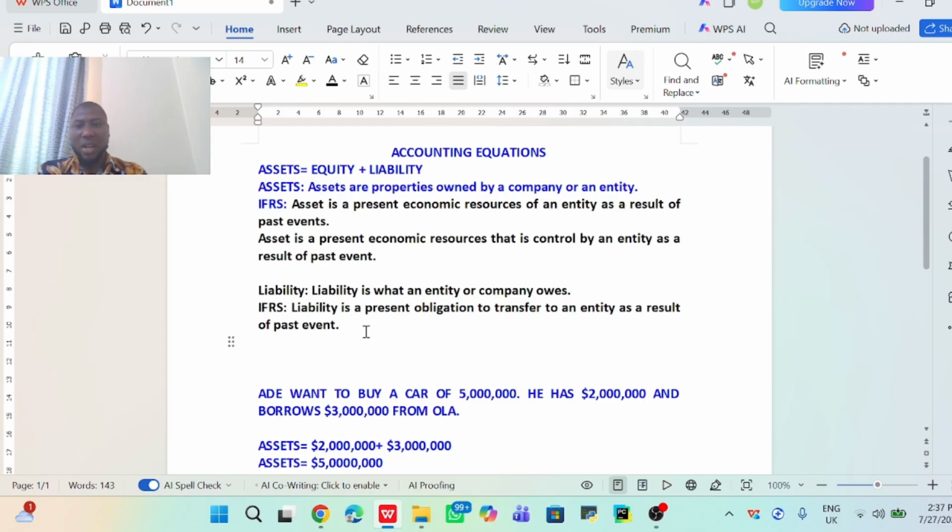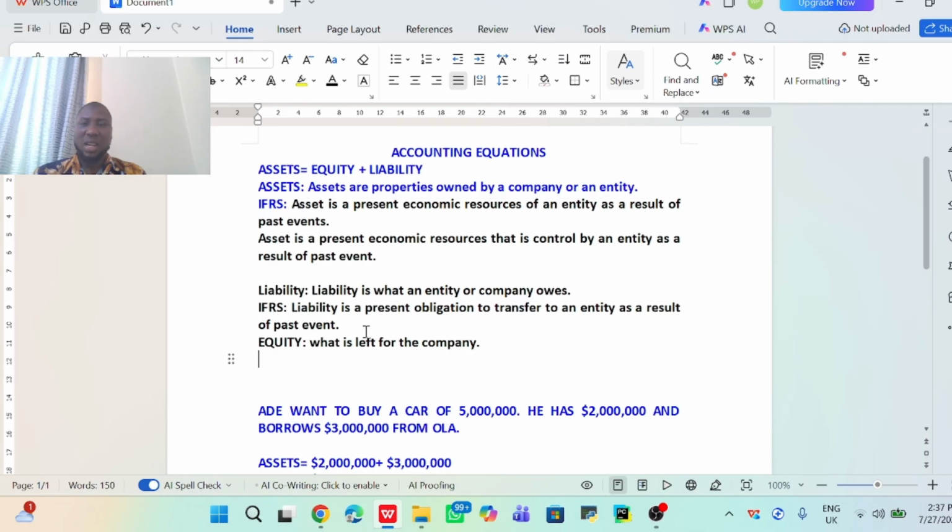Now, lastly, we have equity, or we can say capital, for our O-level students. This is what is left for the company after deduction of liabilities from assets.